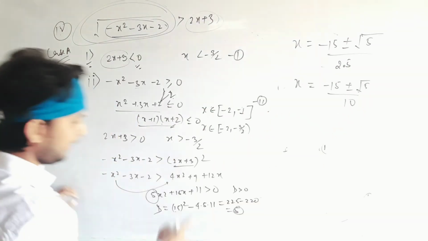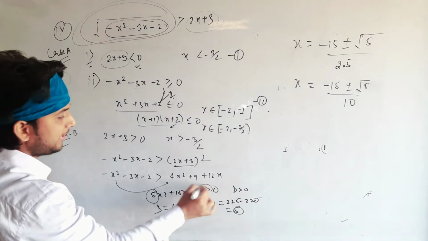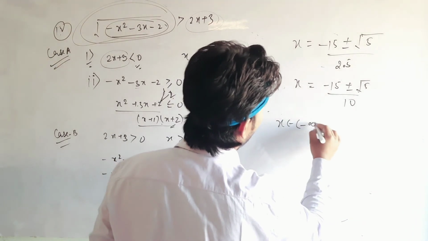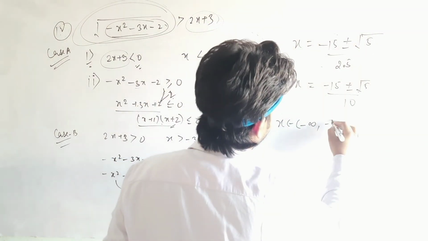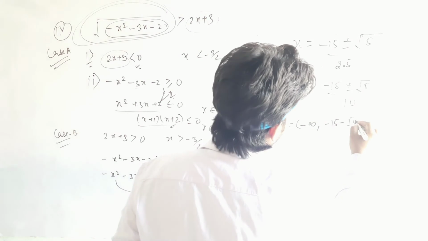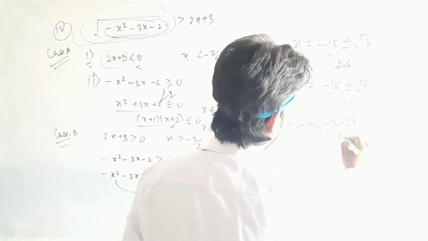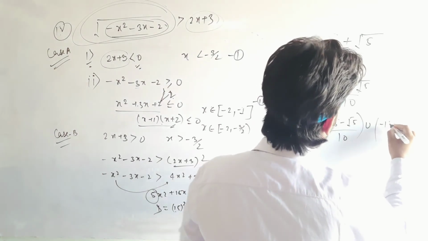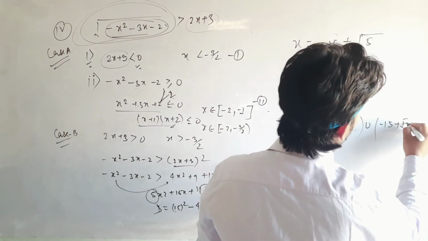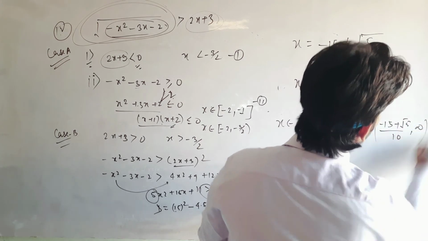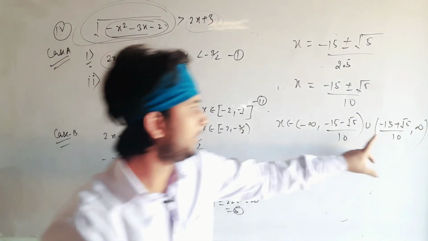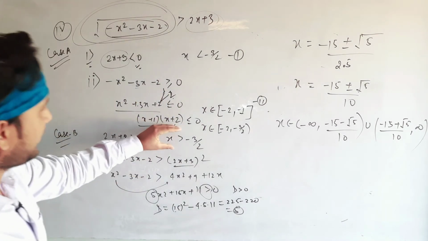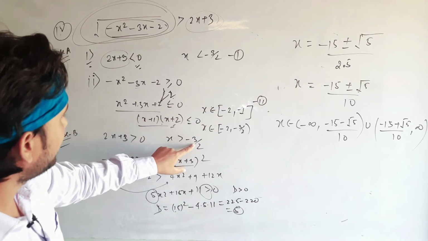Here the sign is greater than, so you have to write it directly. x will be from minus infinity to the smaller one. Which is the smaller one? Minus 15 minus root 5 by 10, and union minus 15 plus root 5 by 10 to infinity. And the case is x greater than minus 3 by 2.